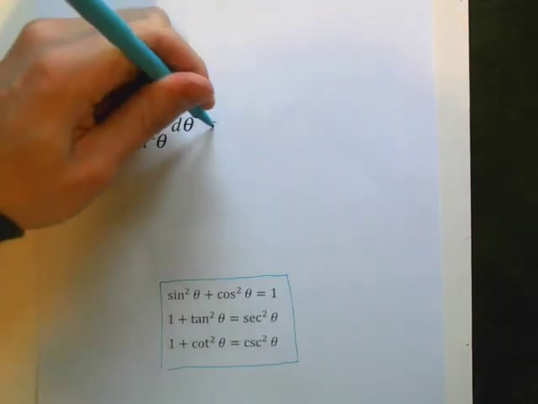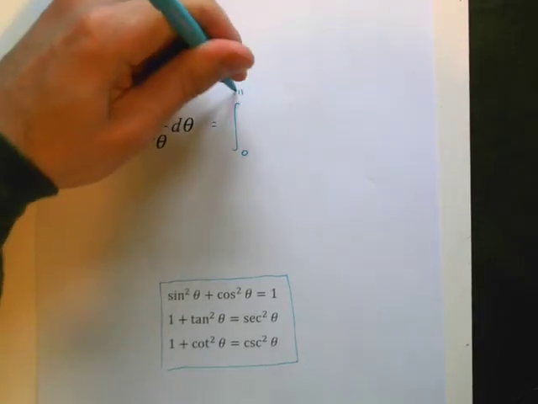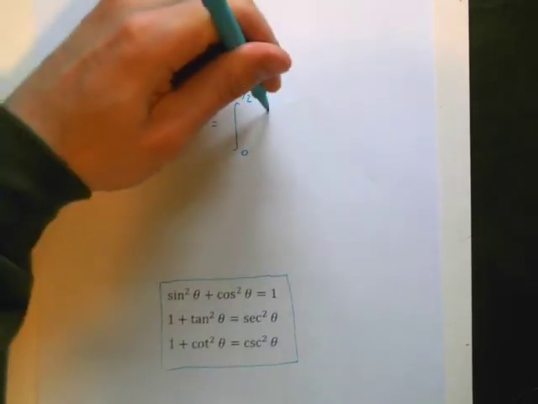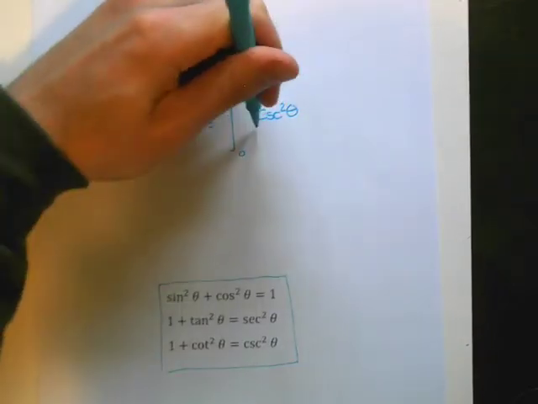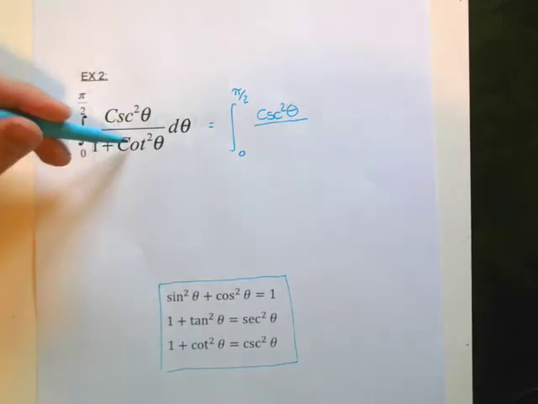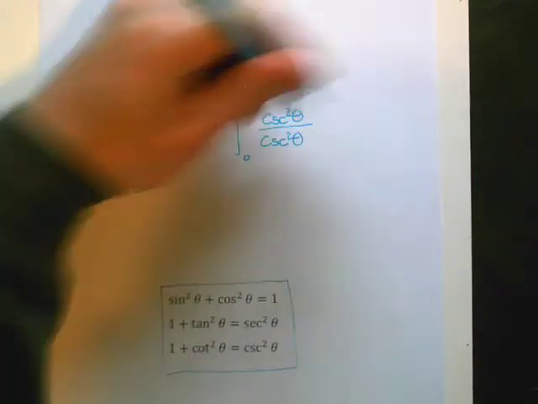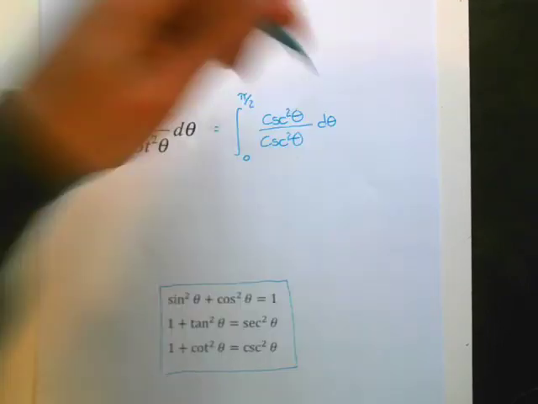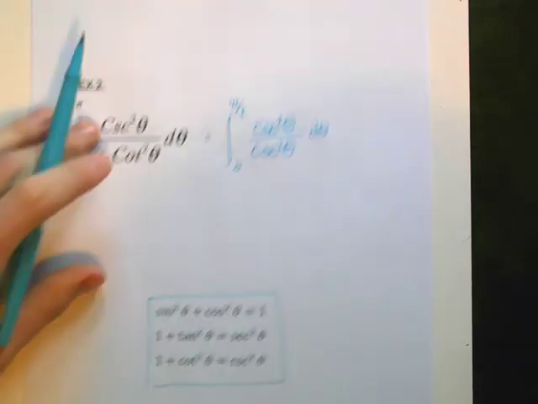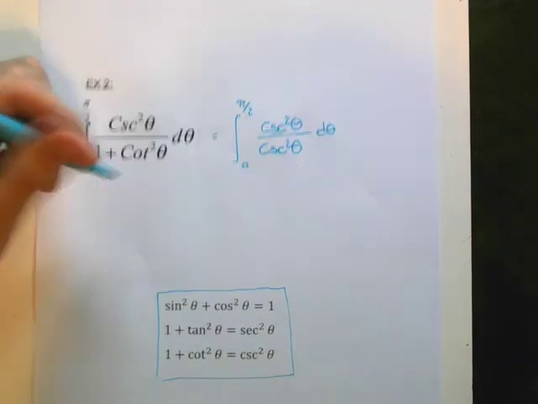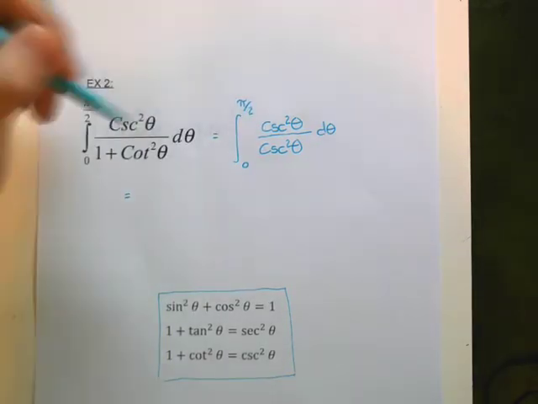So I'm going to rewrite this as the integral from 0 to pi over 2 of cosecant squared theta over, now let's convert this, 1 plus cotangent squared is cosecant squared theta, d theta, basically in terms of theta, okay? This helps because now we don't have to divide anymore. Again, we haven't talked about division with integrals, so we wouldn't have been able to do this anyway.